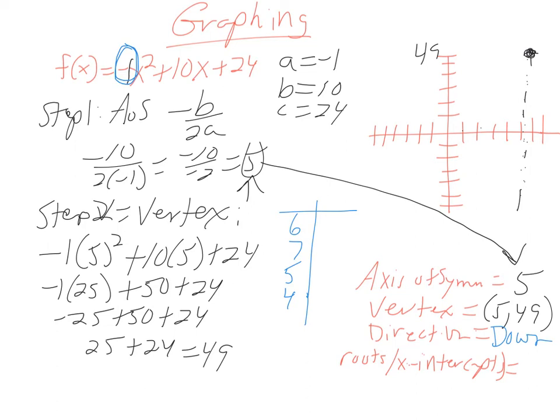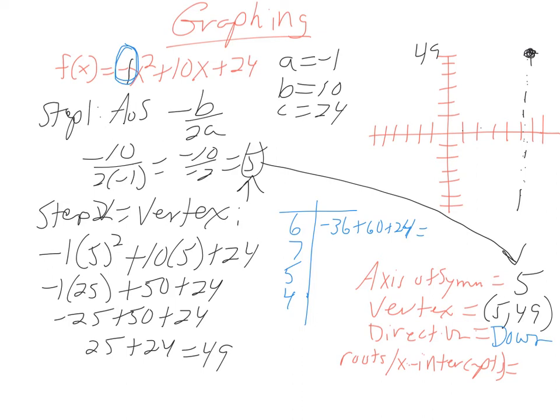So right now, if I put 6 in there, then I would take 6 squared, which would be 36. It would be negative 36 plus 6 times 10 is 60 plus 24.